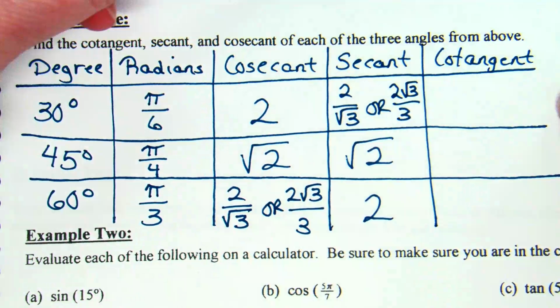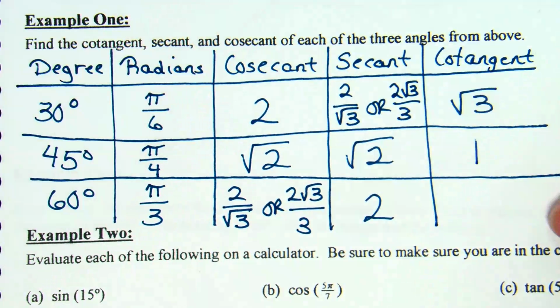And cotangent of 60. It was the square root of 3, so the reciprocal of square root of 3 is 1 over square root of 3. Or, what is that when rationalized? Square root of 3 over 3.